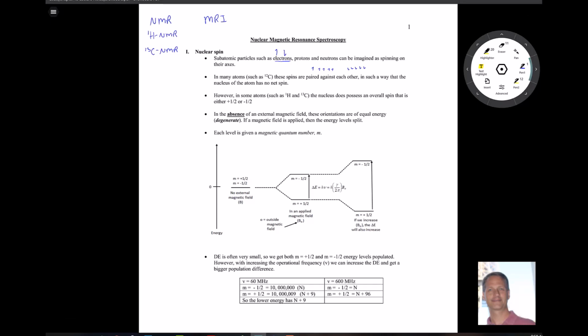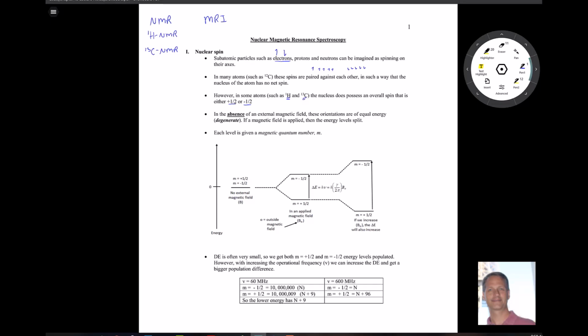Okay? Now it turns out in some atoms, and this is what we're going to look at, we're going to look at proton NMR this semester and carbon-13, and there are some other atoms that have NMR active nuclei. The nucleus does possess an overall spin that is either, and we'll just call this, plus 1/2 or minus 1/2. For the chemistry majors out there, if you go on and take quantum, you'll learn that there are other spin states, but for us, we're going to look at plus 1/2 or minus 1/2.